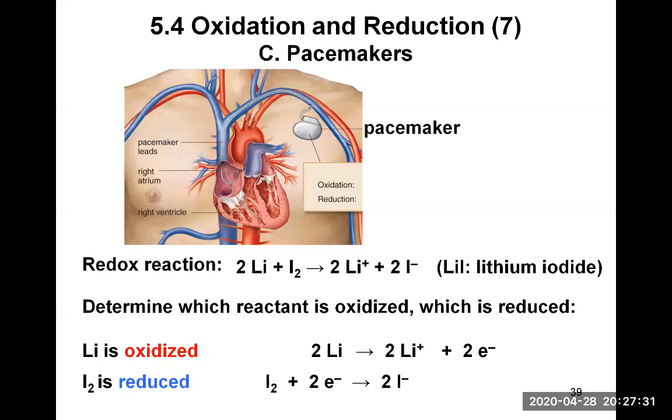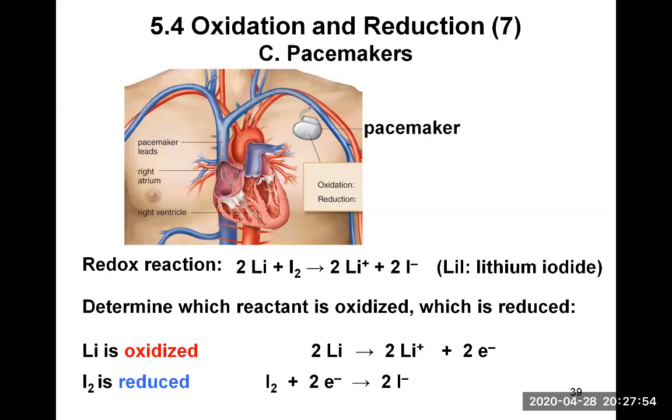So that's why I2 plus 2 electrons gives 2 iodide ions, right? Because on the left it's a diatomic molecule, and on the right it's 2 atoms of iodine separate from each other, and they each have an electron in excess, and that's why we have the negative charge.